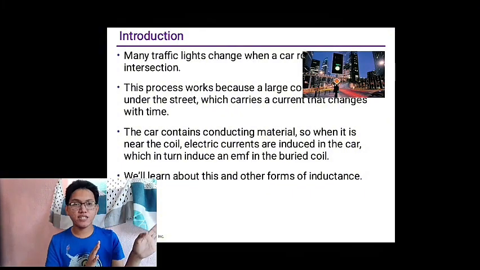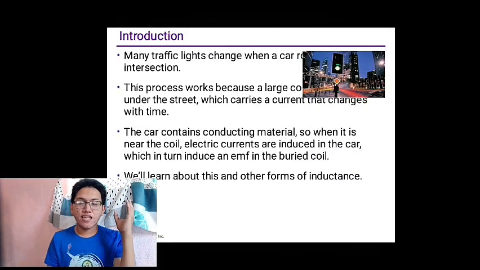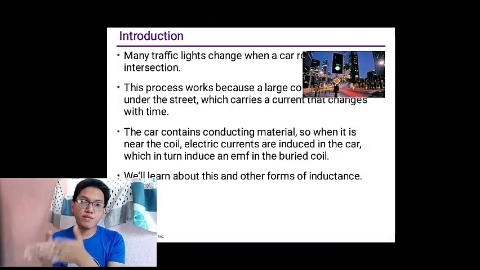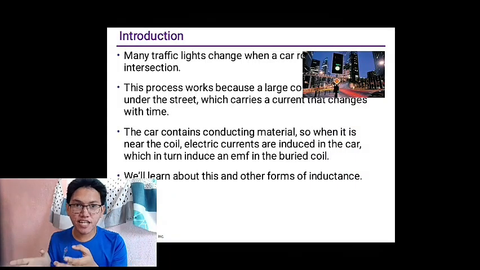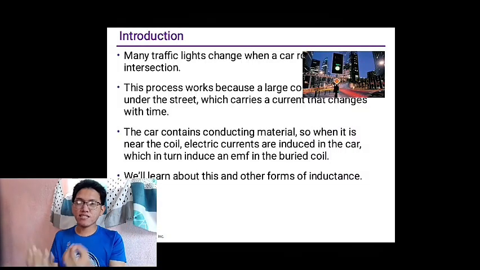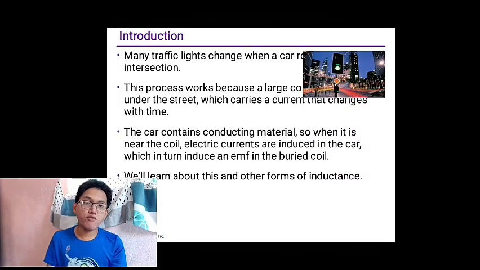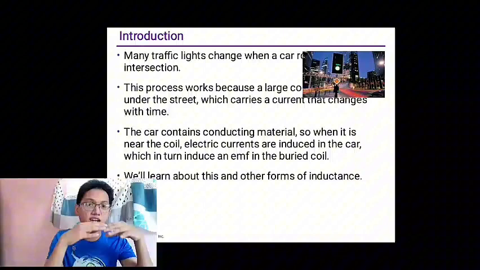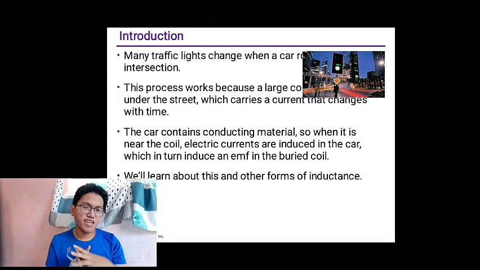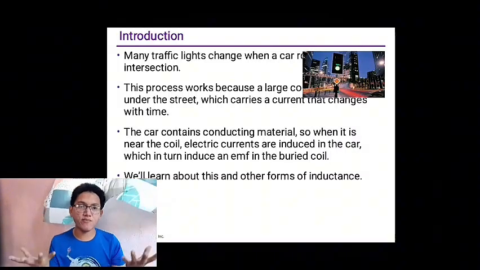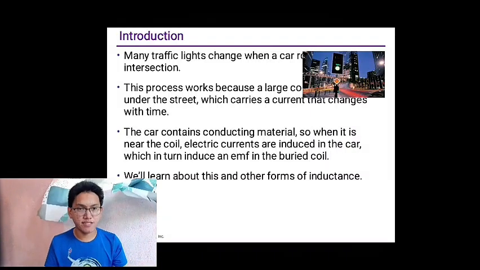However, in other areas, I think they use this inductance, which also involves the car: if it passes through that specific area, the area will detect the conducting metal moving near the coil located beneath the road, and electric currents are induced in the car. But here in our place, it is not applicable.